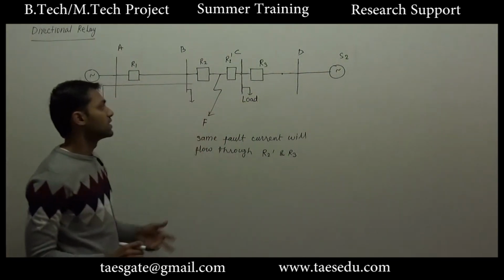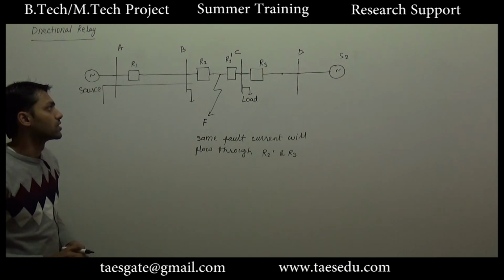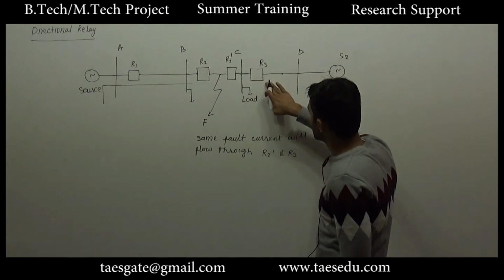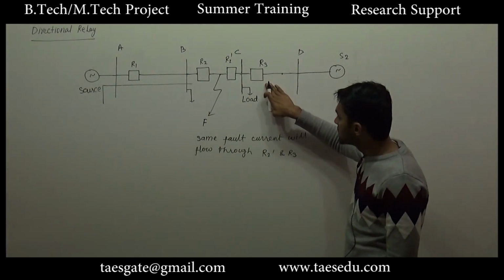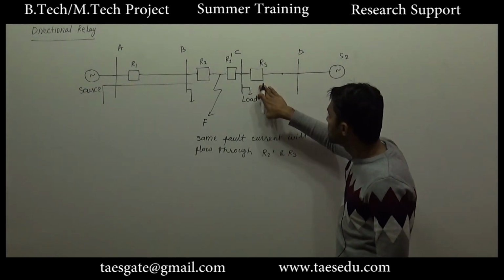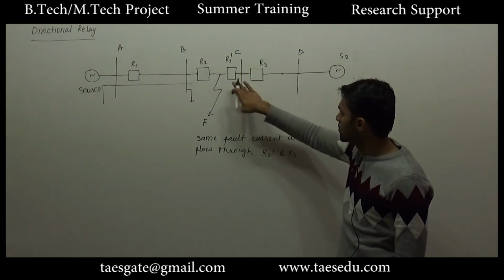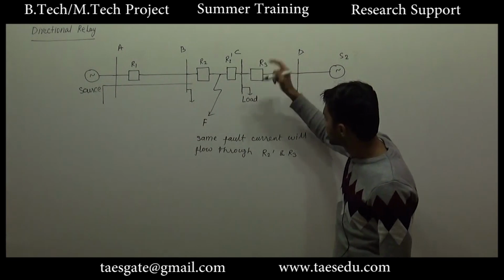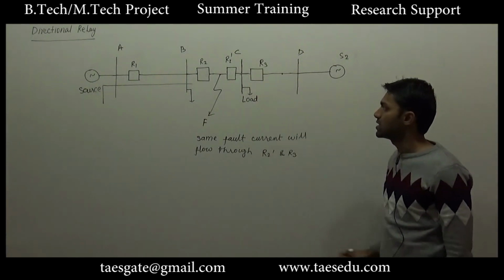So both of these relays will compete for their operation. If R2 dash relay operates prior to R3, then it's okay, but there is an equal chance that relay R3 will operate prior to R2 dash. So in that case again we will have the same problem of the disconnection of load at the bus C.